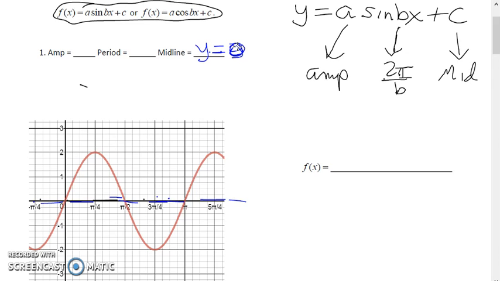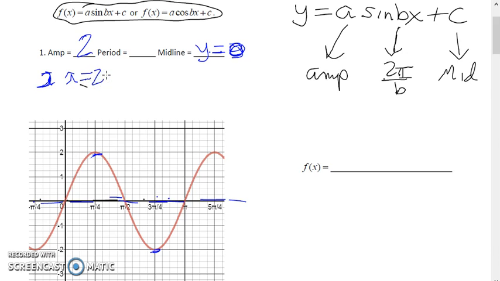Since I have a midline drawn in, I can easily pick out the amplitude. The amplitude is always how far above the midline it goes or how far below. So as we can tell, it's going to be 2. So our A is equal to 2.